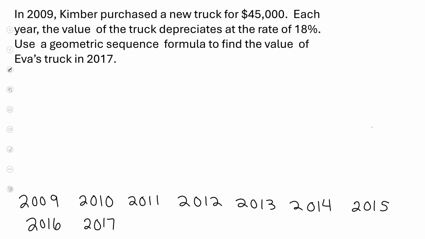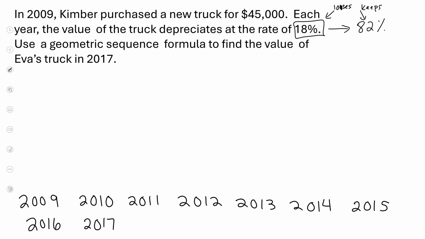So if it loses 18% of its value, that means it keeps 82% of its value. That's what you have to think when you read that. Use a geometric sequence formula to find the value of, I guess her name changed, Eva's truck in 2017.